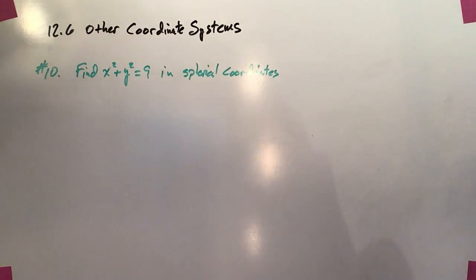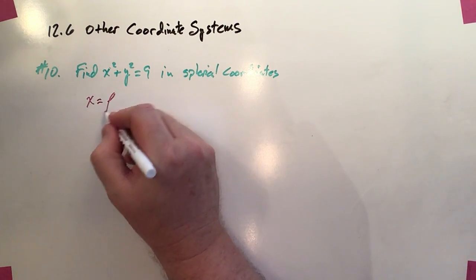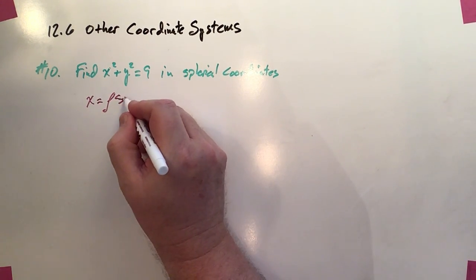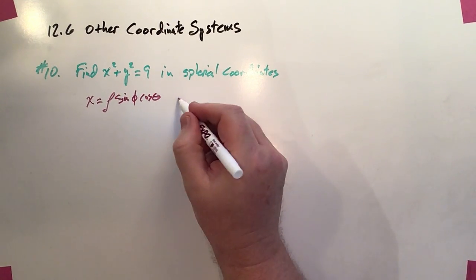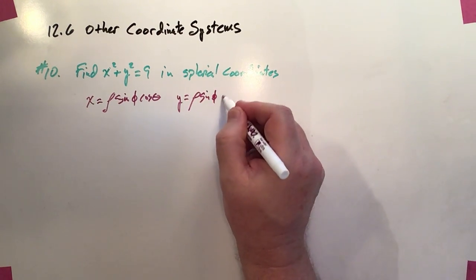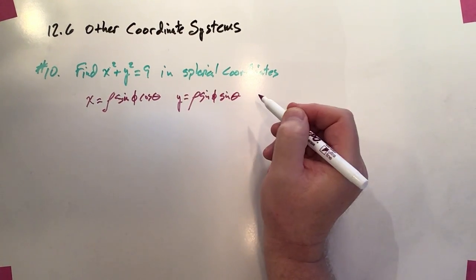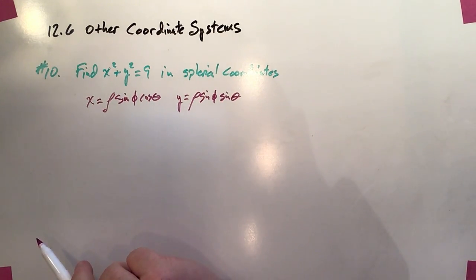Okay, how to convert it to spherical coordinates? Well, let's take a look at the conversions. The x coordinate in spherical coordinates is rho sine phi cosine theta, and the y coordinate is rho sine phi sine theta. So it just means squaring these, adding them together, and setting it equal to 9.